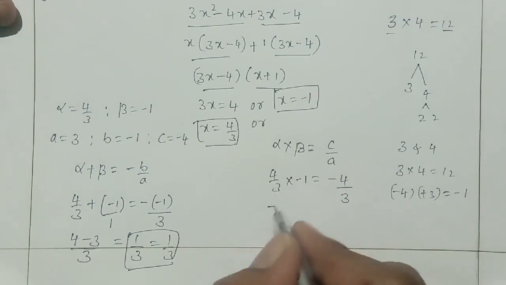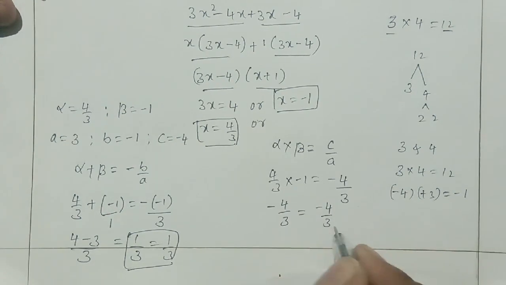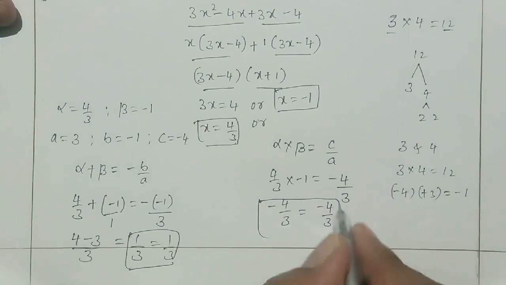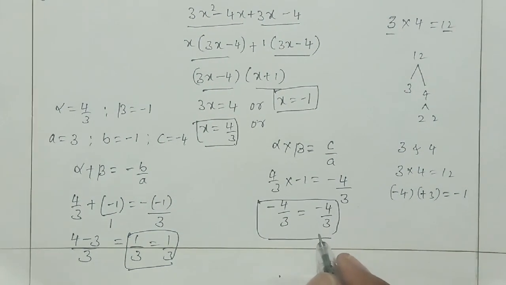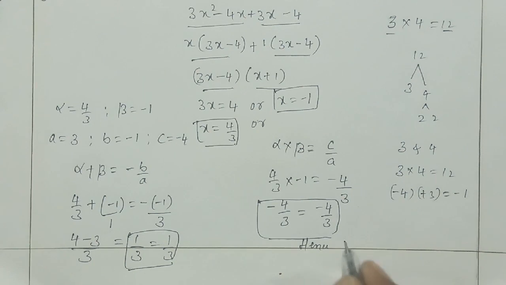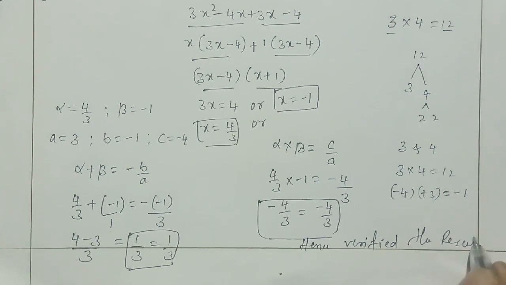Minus into plus is minus, 1 into 4 is 4 divided by 3, so you can write minus 4 by 3. So hence verified the product of zeros and the coefficients of the polynomial. Hence verified the result. Okay, thanks.